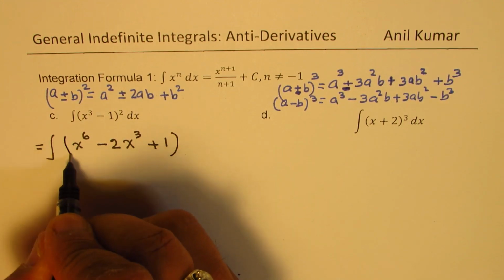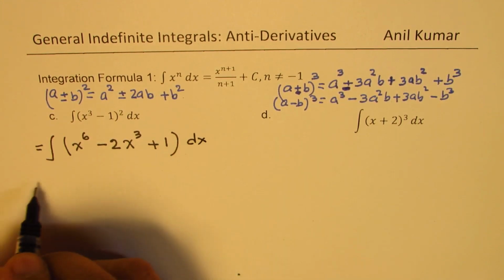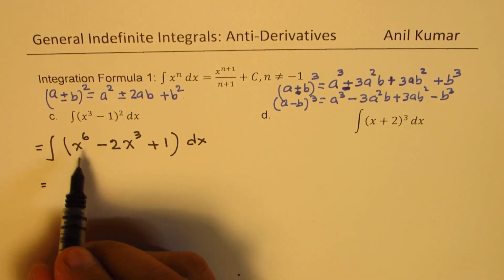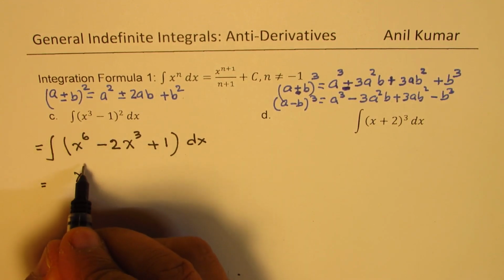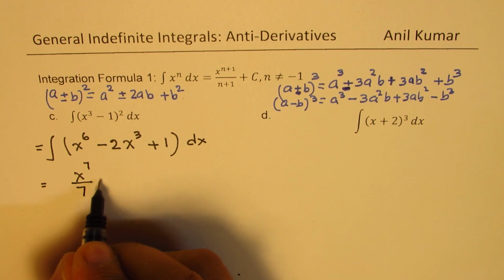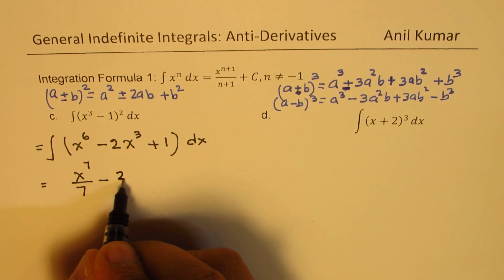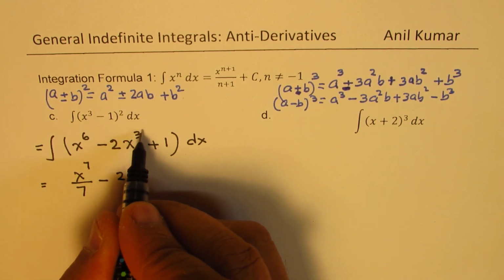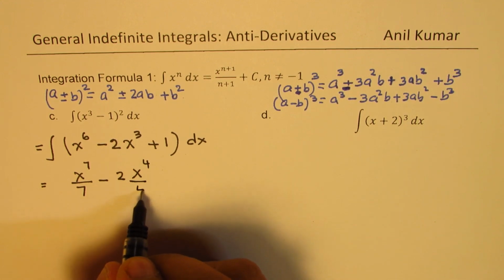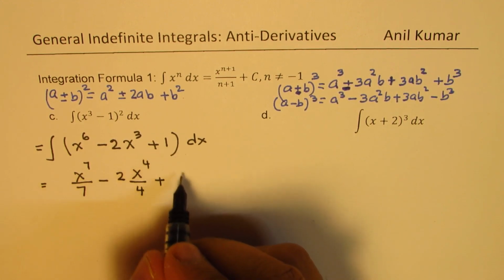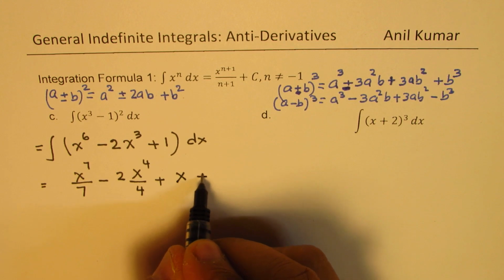And we need to find the integral of this function. Applying the rule, we get x to the power of 6 plus 1, which is 7, over 7, minus 2 times x to the power of 3 plus 1, which is 4, over 4, plus 1 times x, which is x, and a constant c.